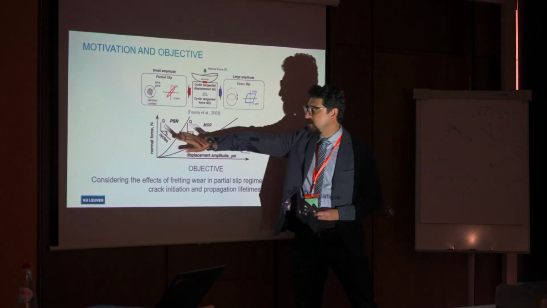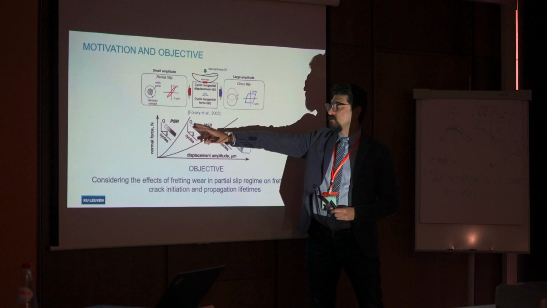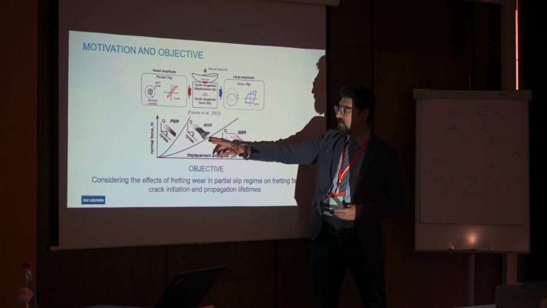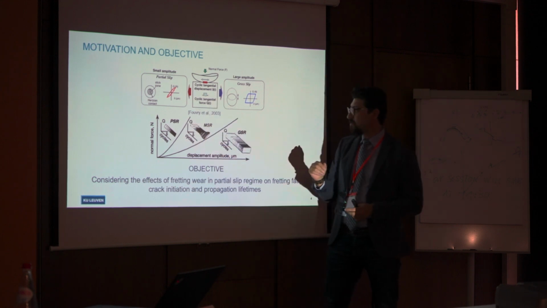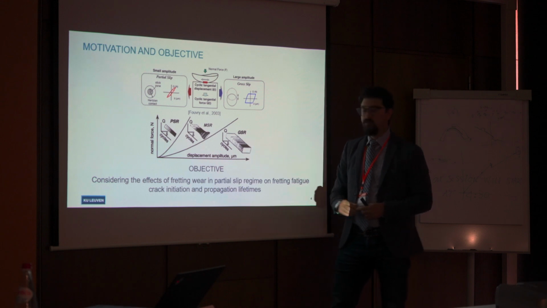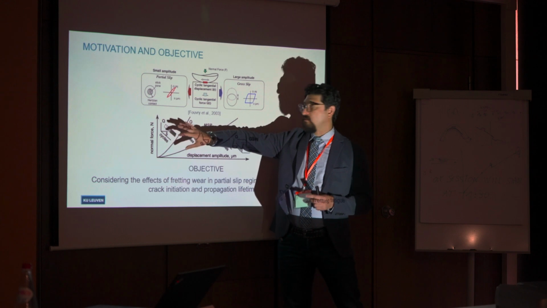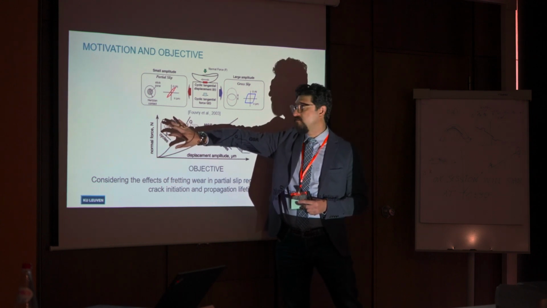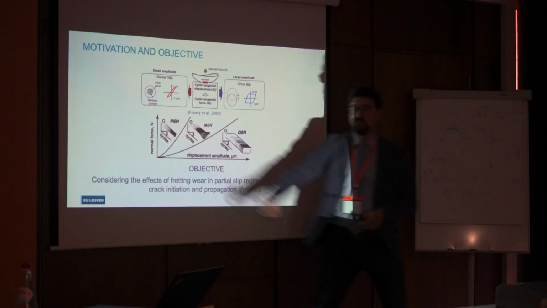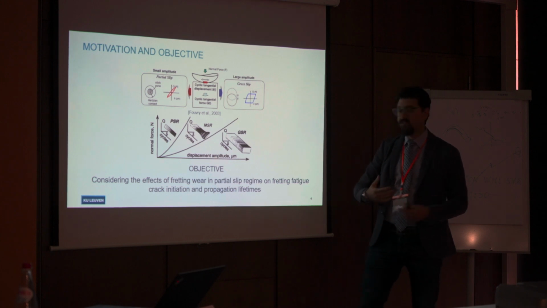One is the partial slip, or mixed slip, which starts with gross sliding but ends with stick and slip, and here we have fully gross slide. The critical part for cracking is here. The fretting crack or fatigue crack initiates in the partial slip regime.